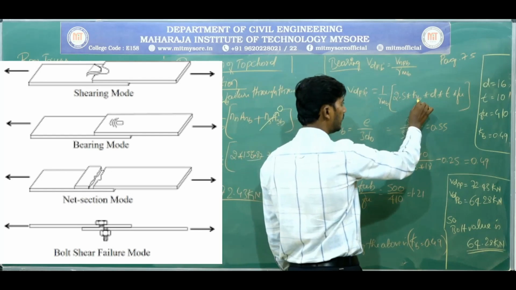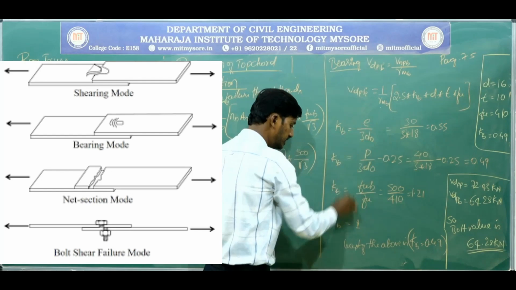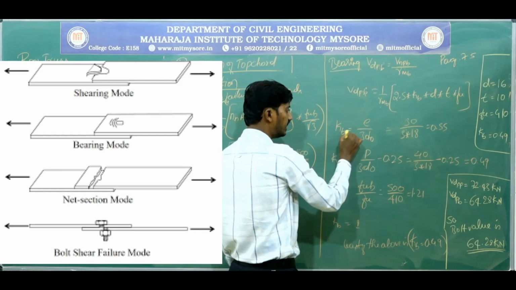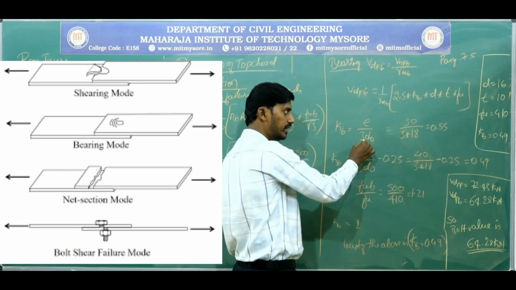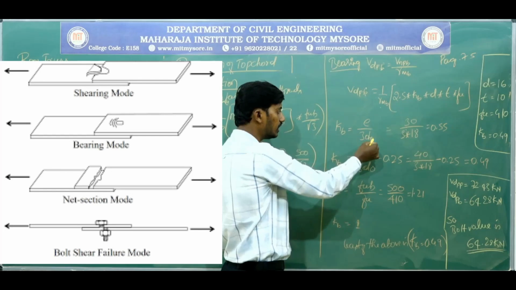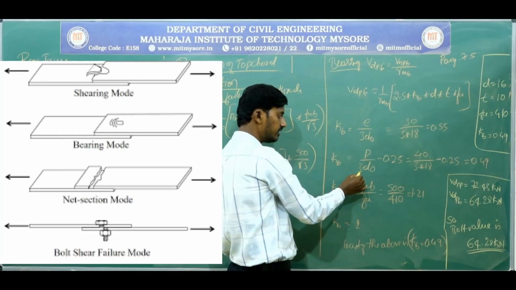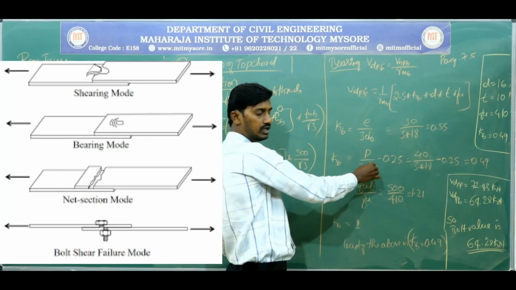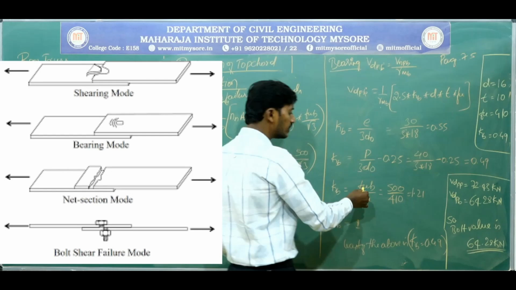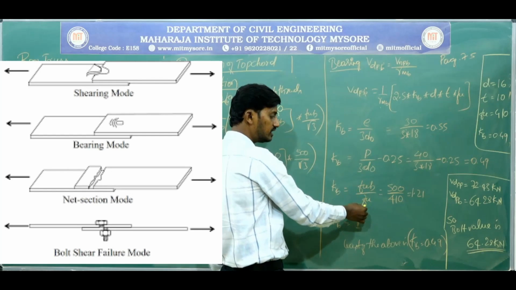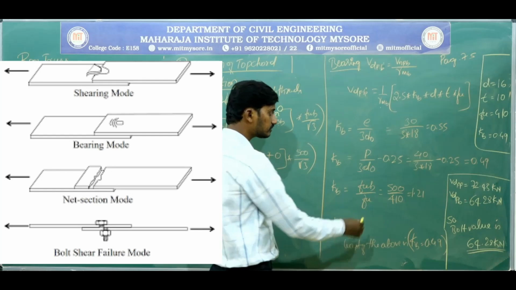So 2.5 KB will be the least of these 4 values: KB is edge distance divided by 3 times the diameter of the hole, the second one is pitch distance divided by 3 times the diameter of the hole minus 0.25, and the ultimate strength of the bolt to the ultimate strength of the angle.